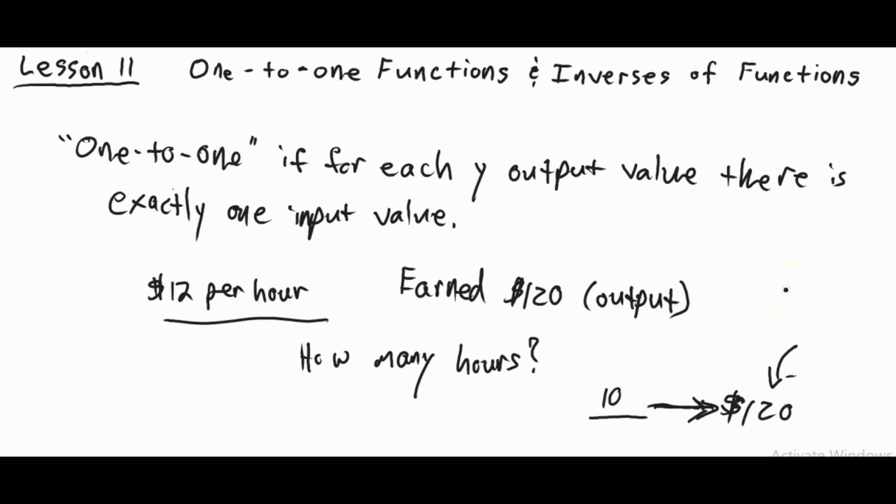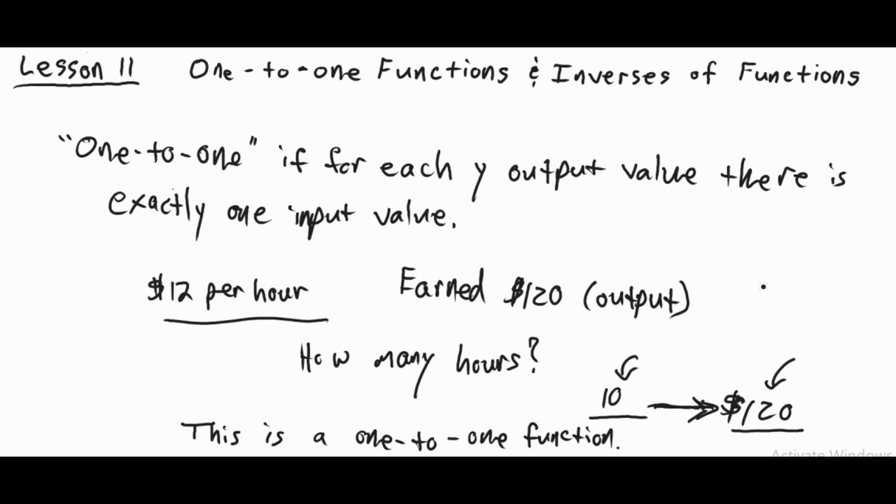And so this function is a one-to-one function, okay? Because the output of $120 can only be achieved with the input of 10 hours.